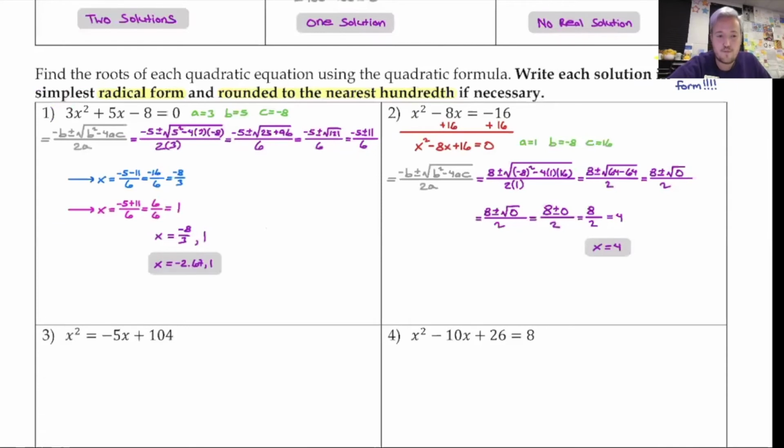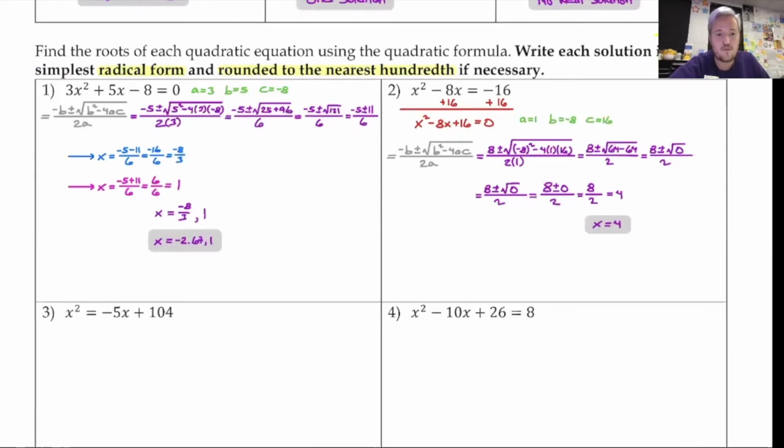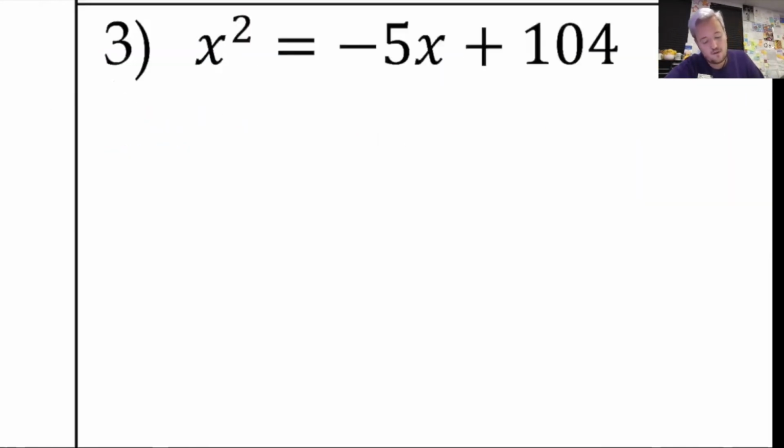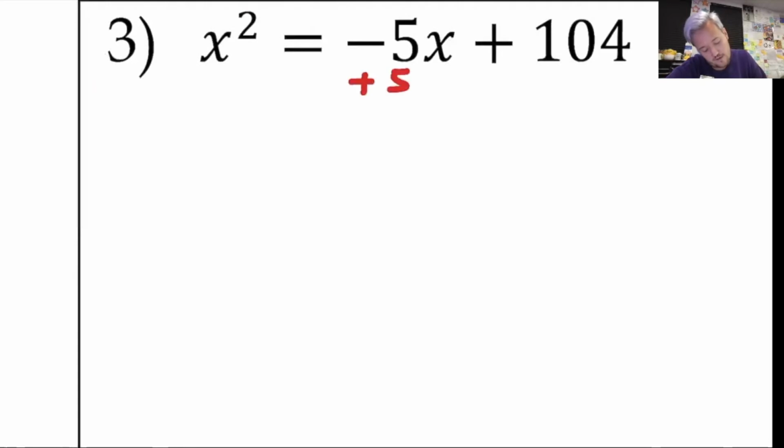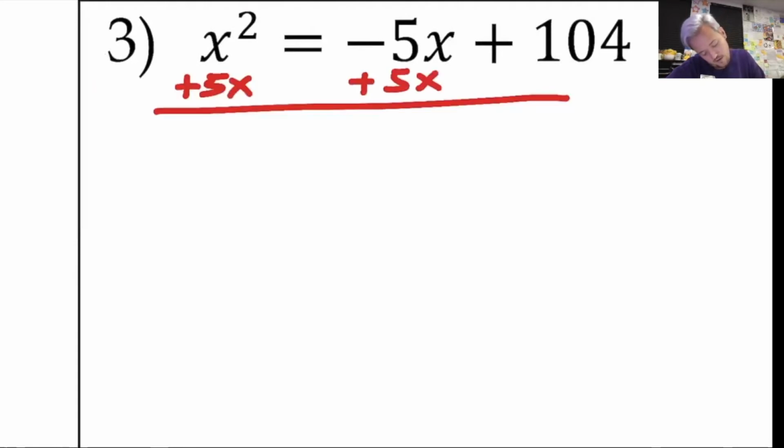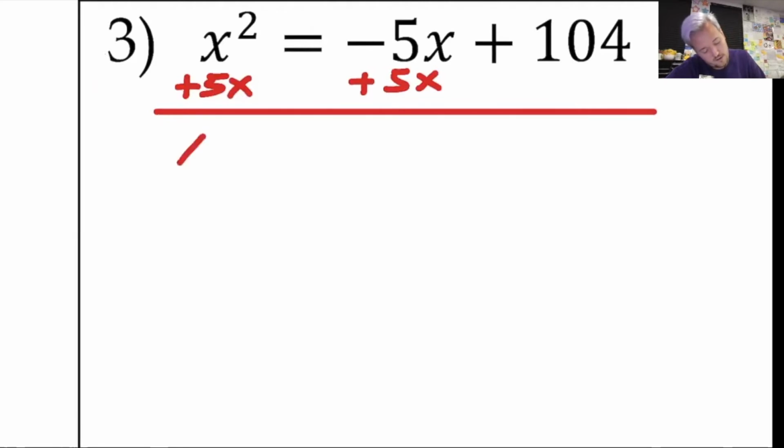All right, moving on. So number 3 here. So once again, start off by converting your equation to standard form. So adding 5x to both sides. So I'm going to have x squared plus 5x equals 104. And I still need to move over that 104.